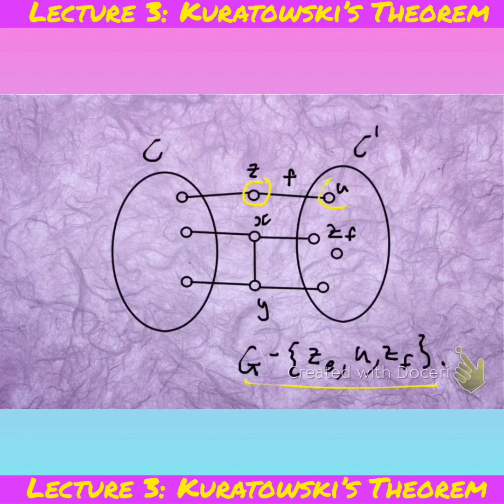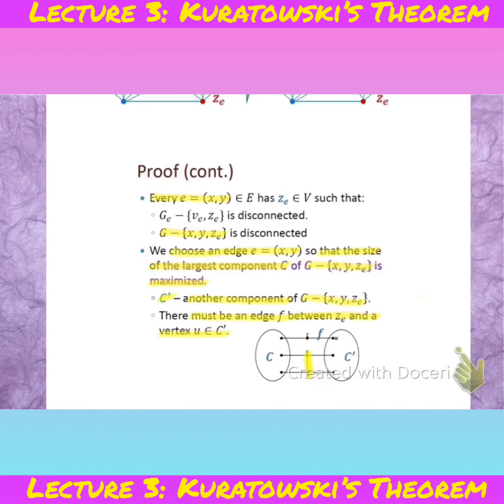Now if you delete that and this vertex here, you are going to get a new component, the component C union X, Y. Now remember how we chose the contracted edge E. We chose E so that the size of the largest component C is maximized.